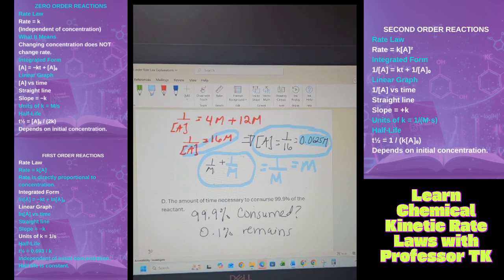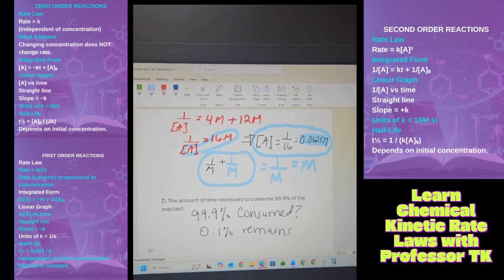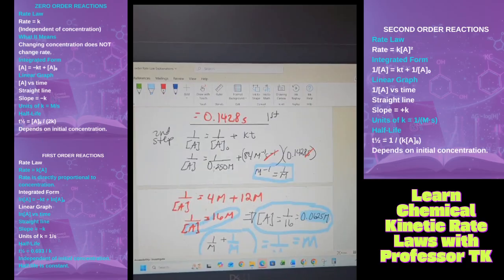So all you're going to do is take the concentration that you had from up above, not this one that we just found, right? You're going to take your remaining concentration and multiply them. So let's go back up here.